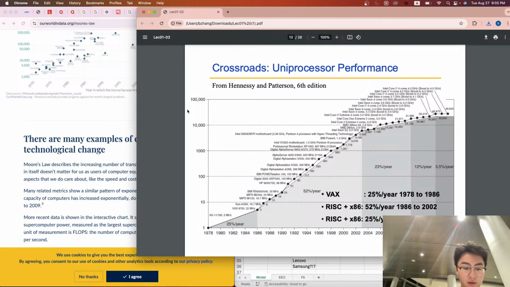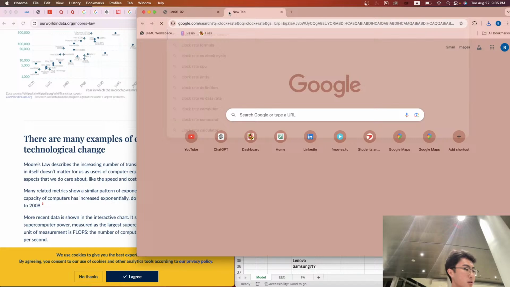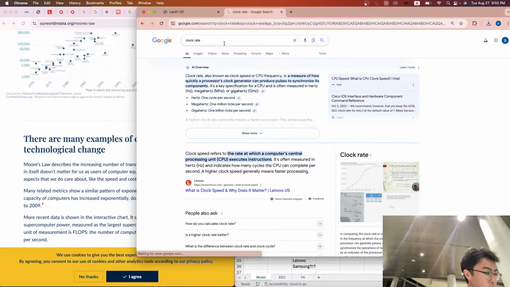So this is all the way up until, maybe this is a question for ChatGPT. So these are actually all cores. 4.2 gigahertz. So I guess this refers to the clock rate. Right. Clock rate. So gigahertz per second.